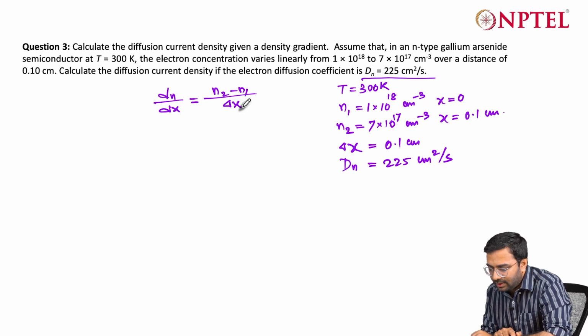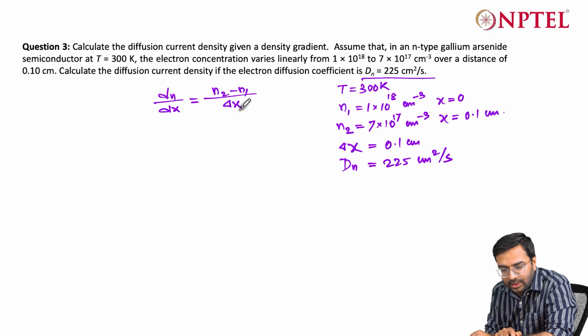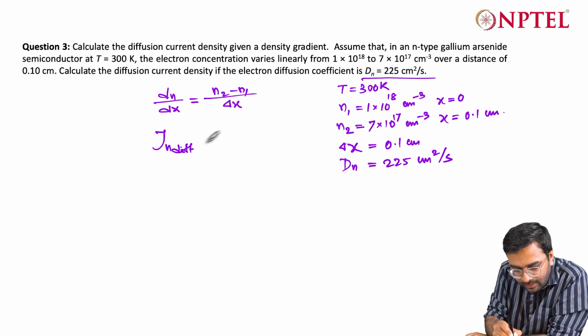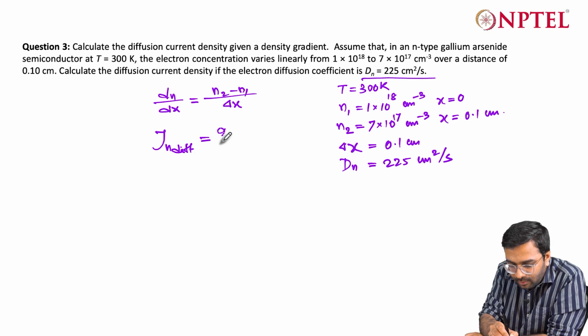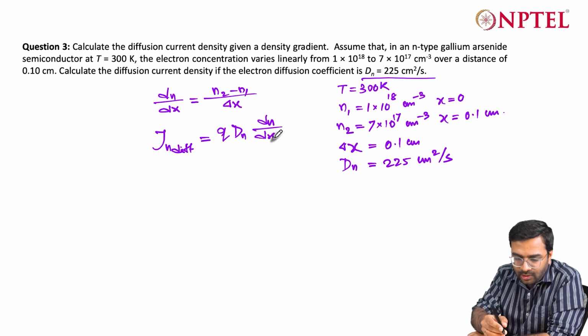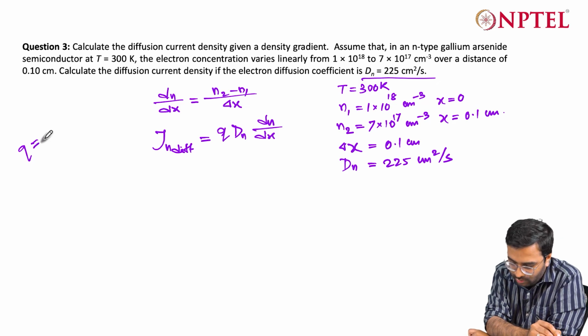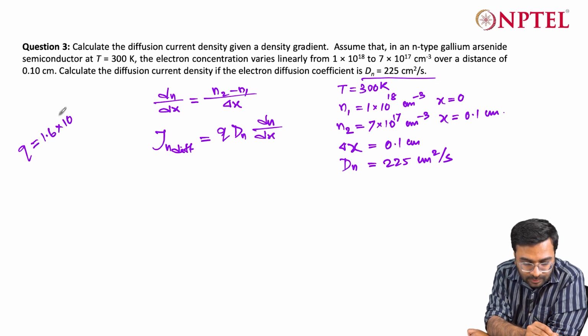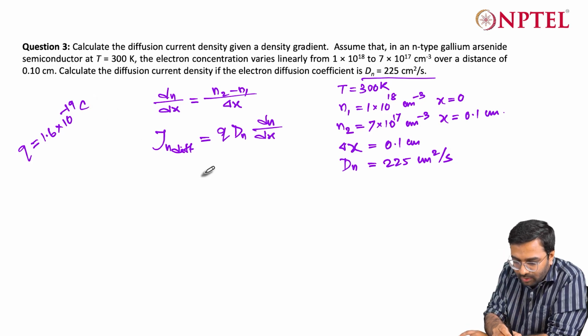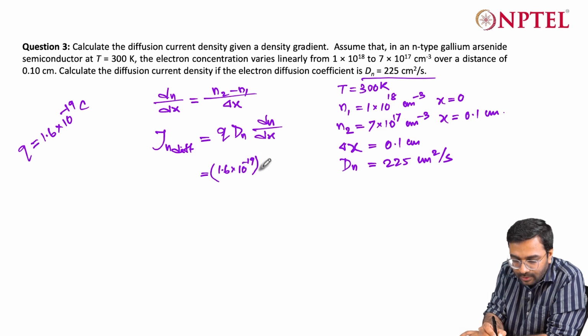And for the diffusion current density Jn diffusion, the equation is q Dn dn/dx. Now, q is the charge of an electron, which is 1.6 into 10 to the power minus 19 coulomb, and the value of Dn is already provided.